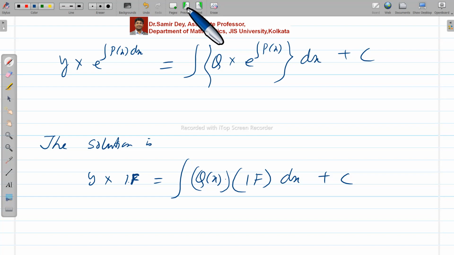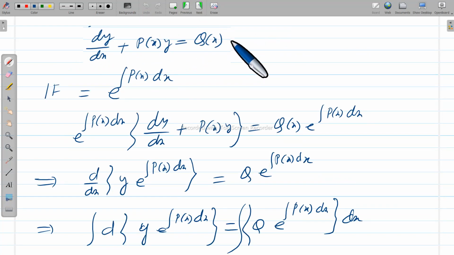So I repeat once again, please write down. Let me solve a direct problem. First, whatever the differential equation is, you have to identify P(x) and Q(x). After knowing P(x) and Q(x), you find the integrating factor directly.